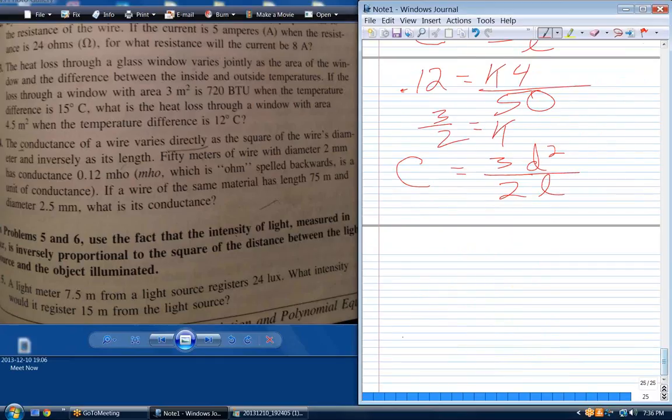If the length is 75, so it's going to be C equals 3 halves times 2.5 squared. You get C equals 3 halves times 6.25 divided by 150.